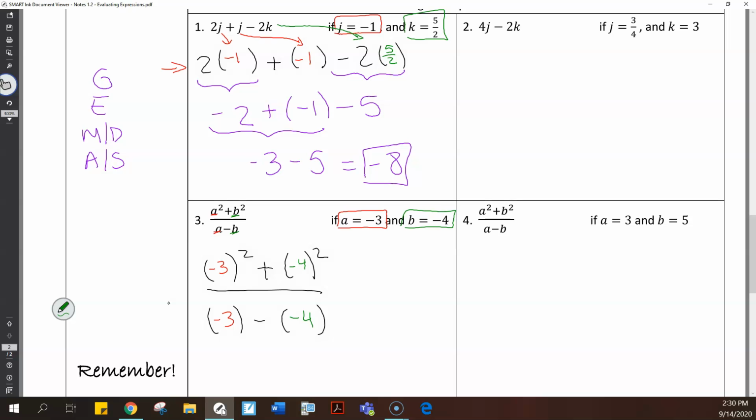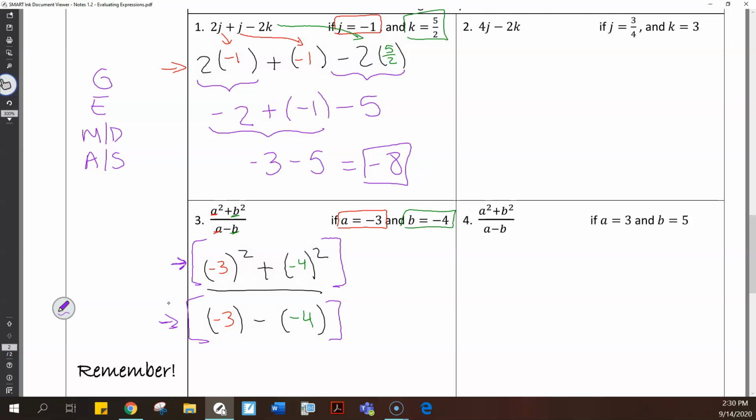Now this one's a little bit trickier, because as I start working through the order of operations, I have to recognize the fact that each of these, the numerator, the top part of the fraction, and the denominator, really is a group. So I want to simplify this first, then simplify the bottom, and then divide.